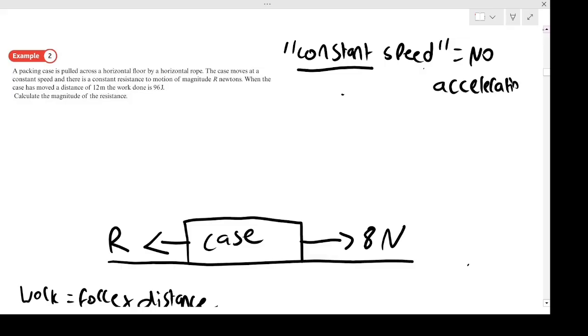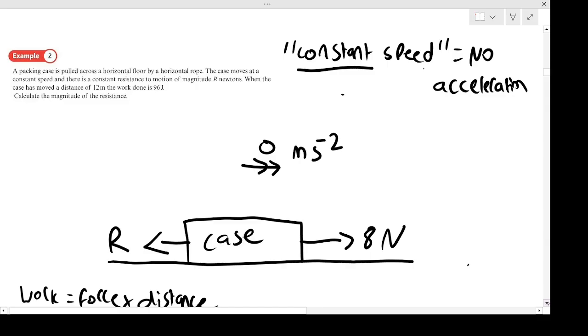Just something you need to know, which makes sense because acceleration tells us if speed is changing. If the speed isn't changing, then there's no acceleration. So we can mark on the acceleration as 0, in meters per second squared. We write it like this.